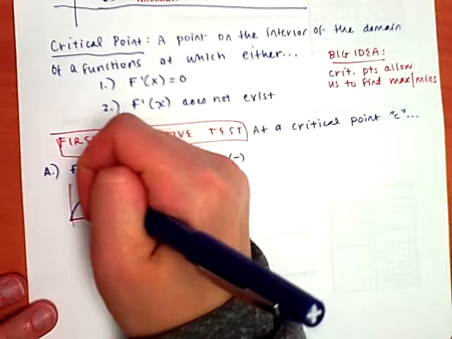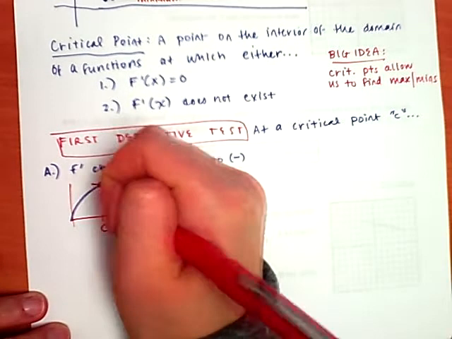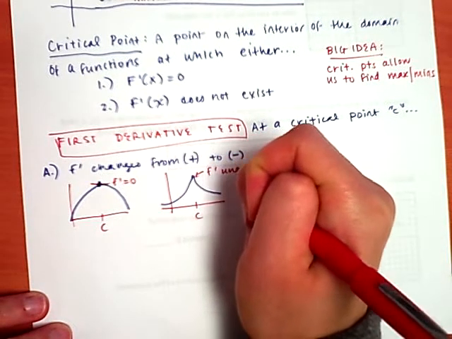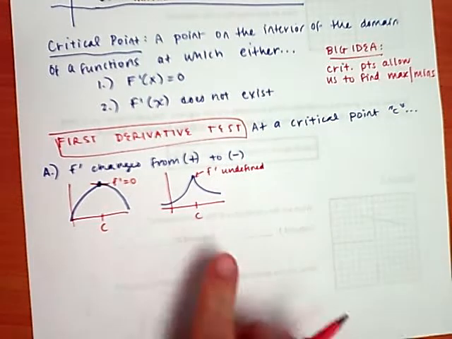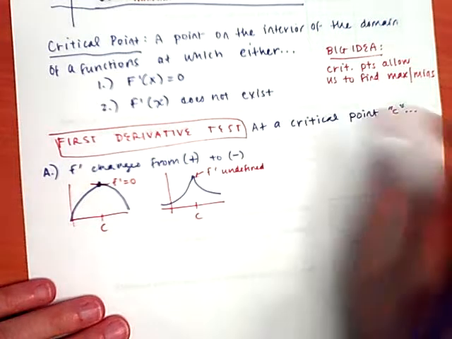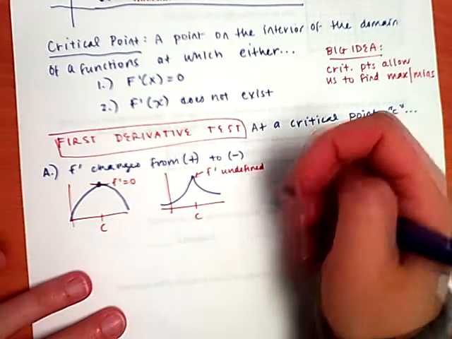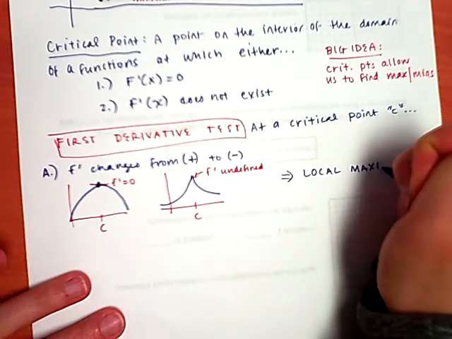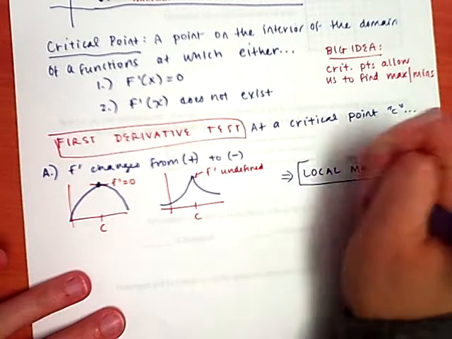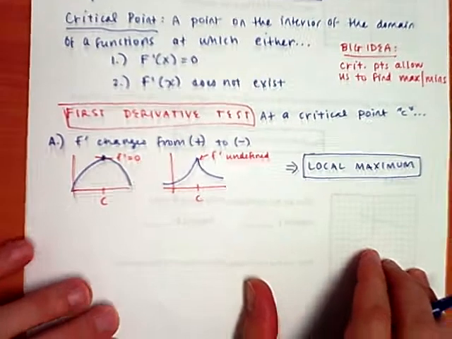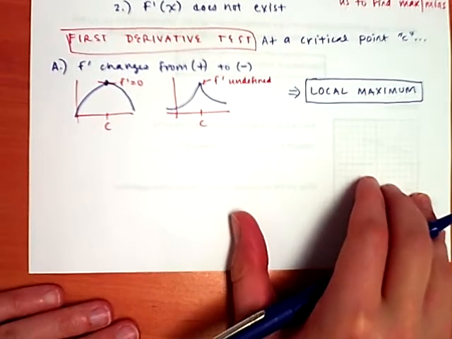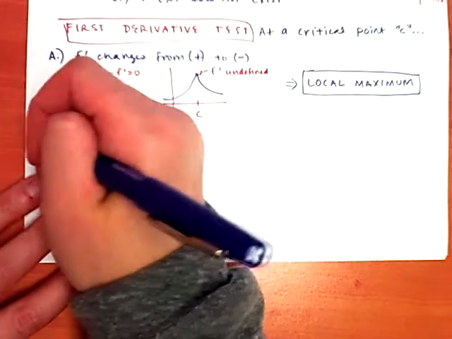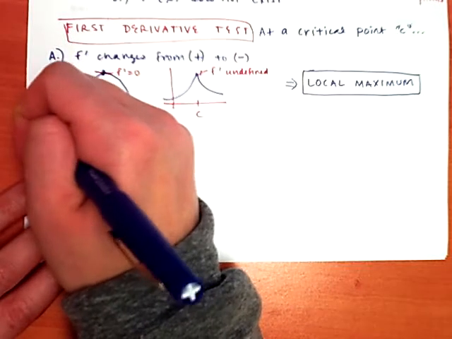Either way, here we have f prime equals 0, and here f prime is undefined. But in both cases, we know we'll have a local max. We can't say for sure right now if that's an absolute maximum. We're going to consider how to decide if it's local or absolute a little later in this unit. But for right now, we can say it's for sure a local maximum and maybe even an absolute maximum.